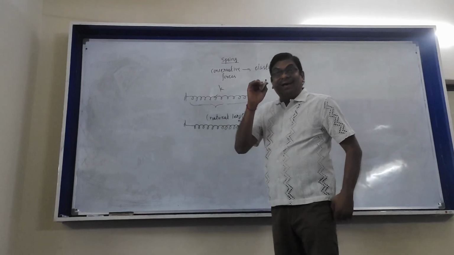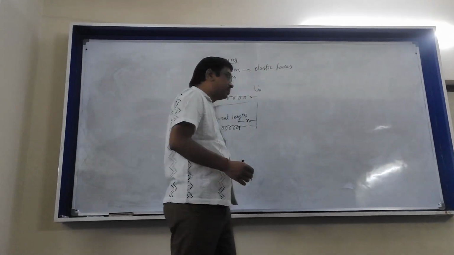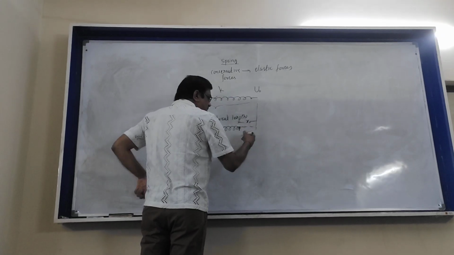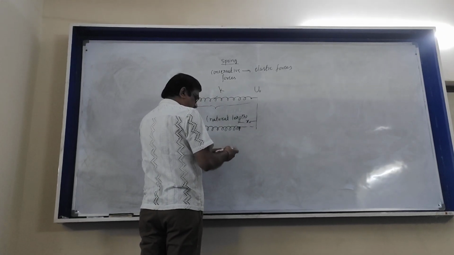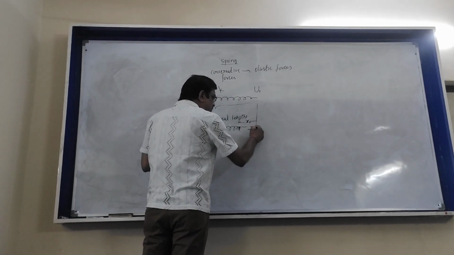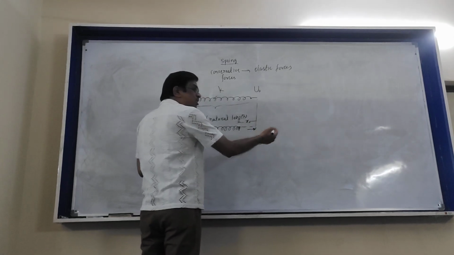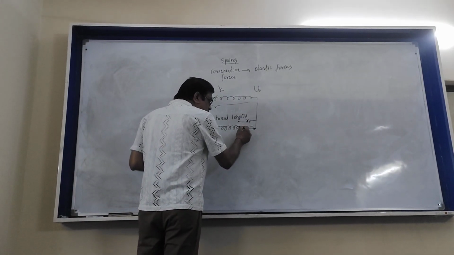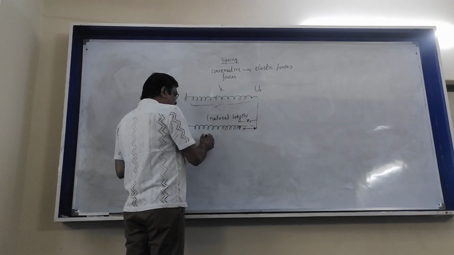So work done against the system forces. Try to understand. System forces are like this. System forces are in this direction because they are restoring forces. They try to oppose the change. And displacement is in this direction. Okay.